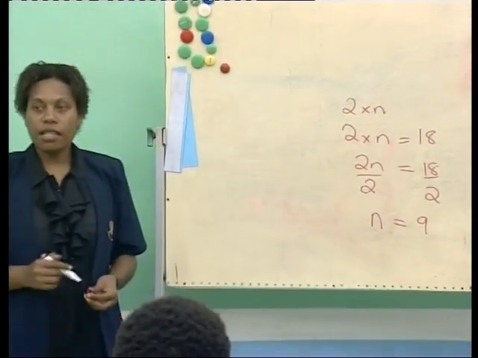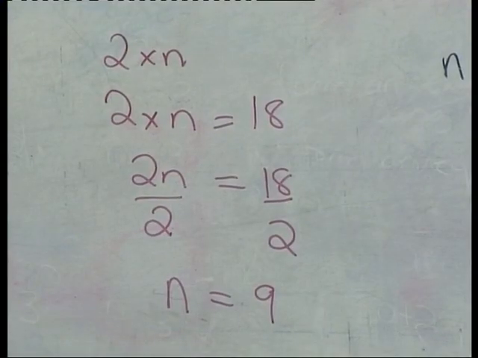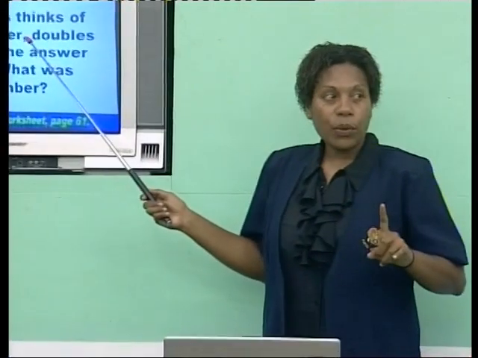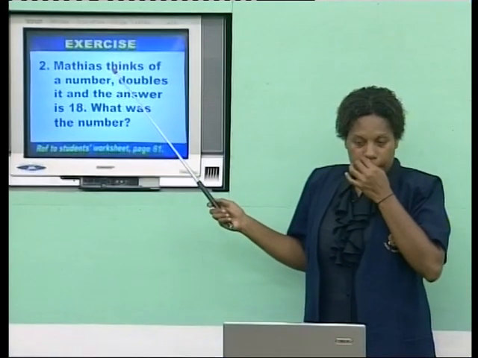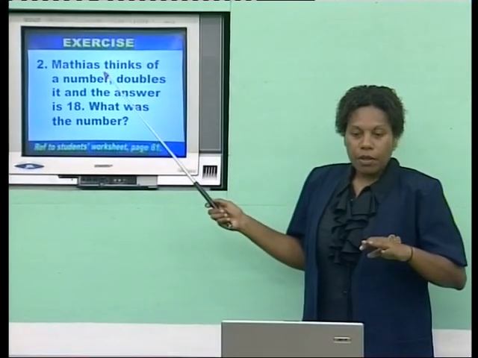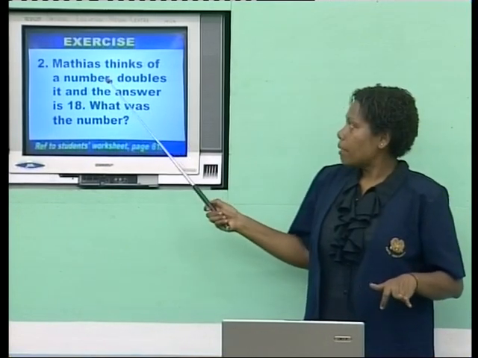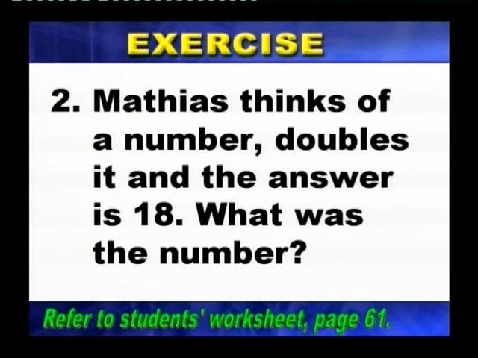Okay, 7Os and receiving students. All right, just for this question here, it says Matthias thinks of a number, doubles it, and let's say the result is 18.